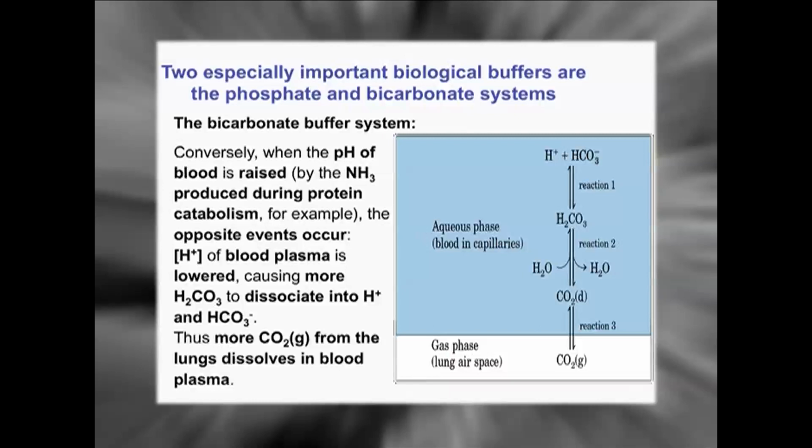Now, if the carbonic acid dissociates, then more dissolved carbon dioxide will combine with water to form carbonic acid, and then to regenerate the dissolved carbon dioxide level, more gaseous carbon dioxide from the lung airspace will enter the blood.